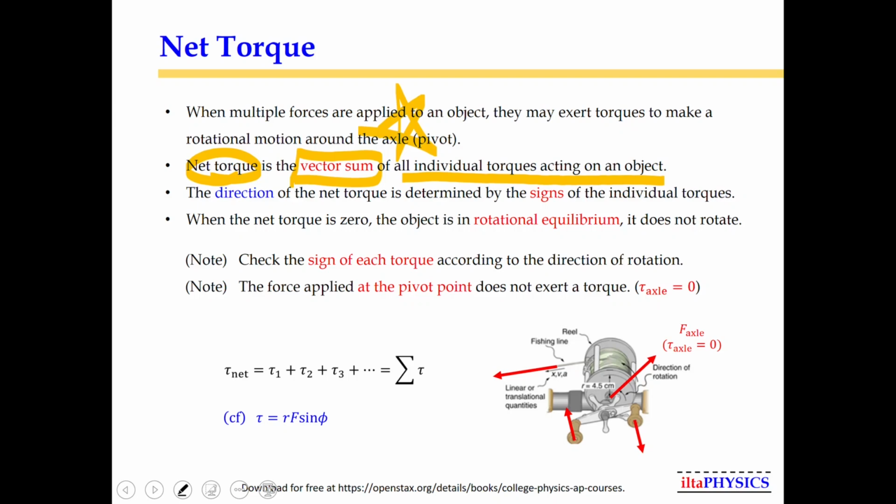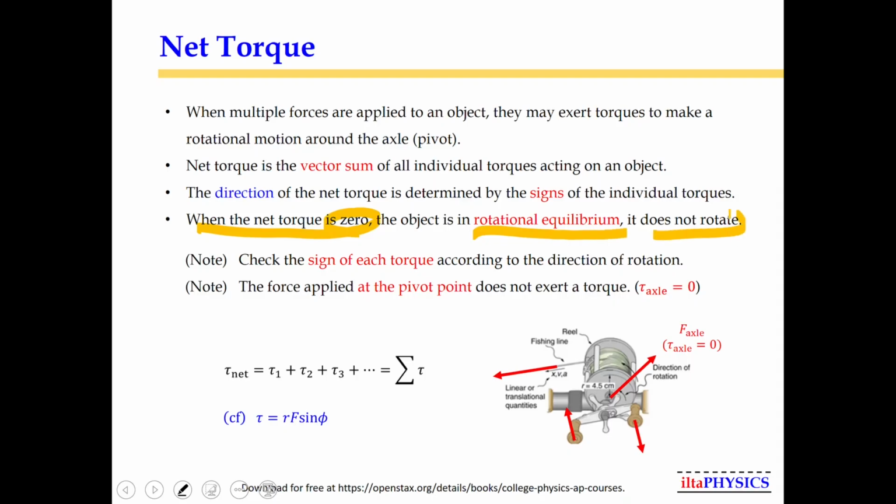When you calculate the net torque, you must be very careful about the direction. Determine whether each torque is turning the object clockwise or counterclockwise around the pivot, and assign the correct plus or minus sign. If the net torque of an object is zero, the object will not rotate, and we call this state rotational equilibrium.